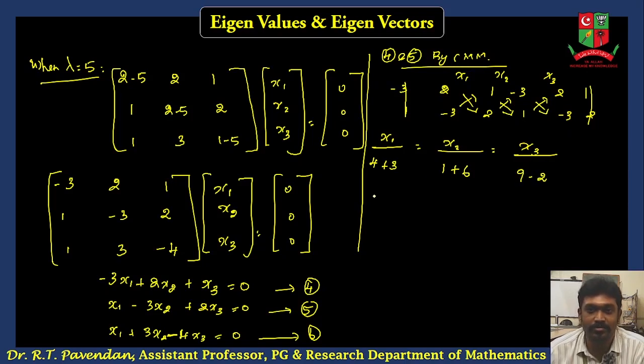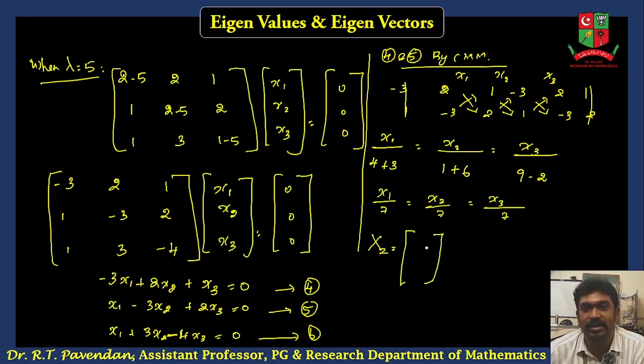So x1 by 7 is equal to x2 by 7 is equal to x3 by 7. Since we have all 7s, we can take 7 outside and make this 1, 1, 1. So for the eigenvalue lambda equal to 5, the corresponding eigenvector x2 is equal to 1, 1, 1.